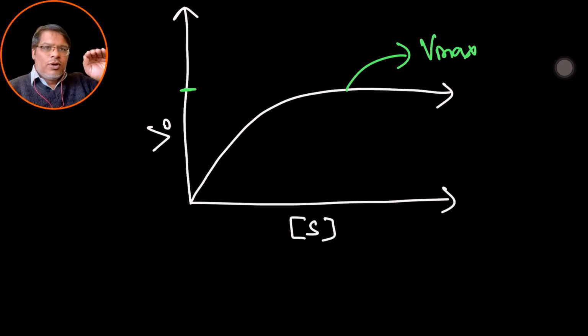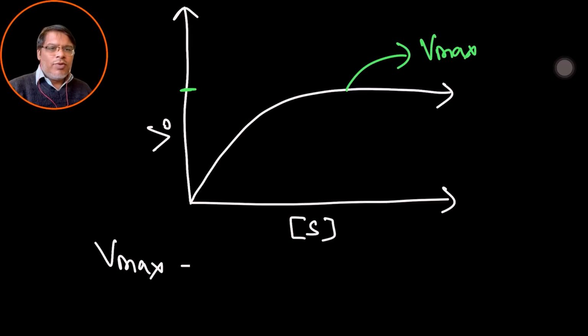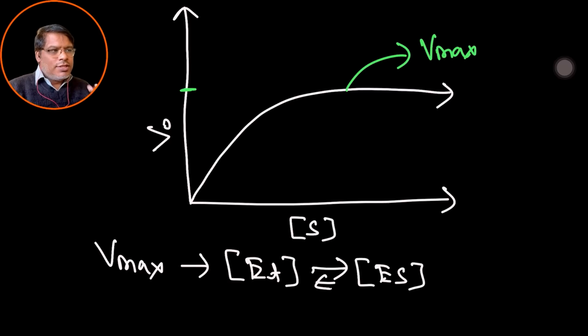Vmax represents the maximum rate at which the enzyme is working. Keep in mind, Vmax is the point where all the enzyme present within the system has formed the ES complex.